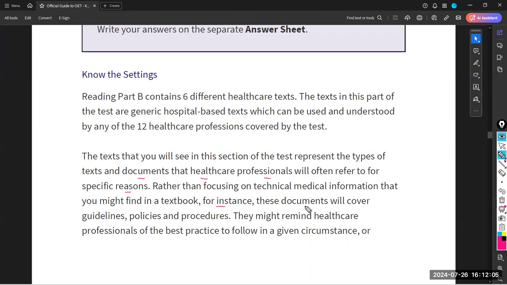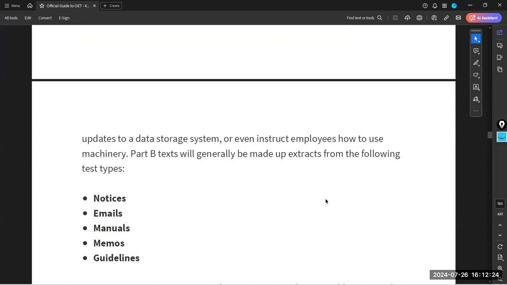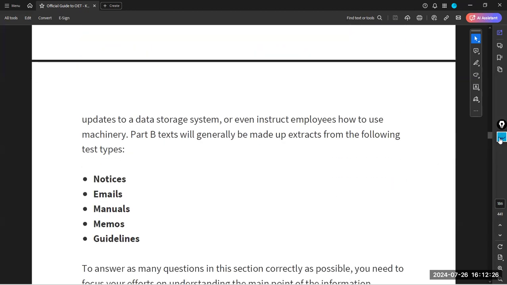For example, these documents will cover guidelines, policies, procedures, maybe certain emails. They might remind healthcare professionals of the best practice to follow in a given circumstance, or updates to a data storage system, or even instruct employees how to use machinery.